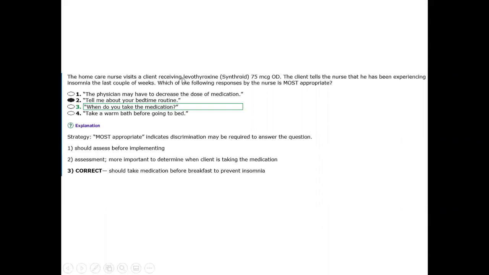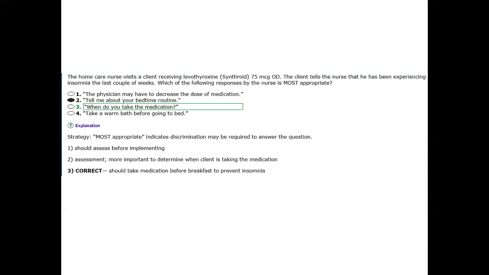And levothyroxine takes 1 week to start working. So if you take it today and think the medication can start tomorrow, it is not like this. It takes 1 week to work.